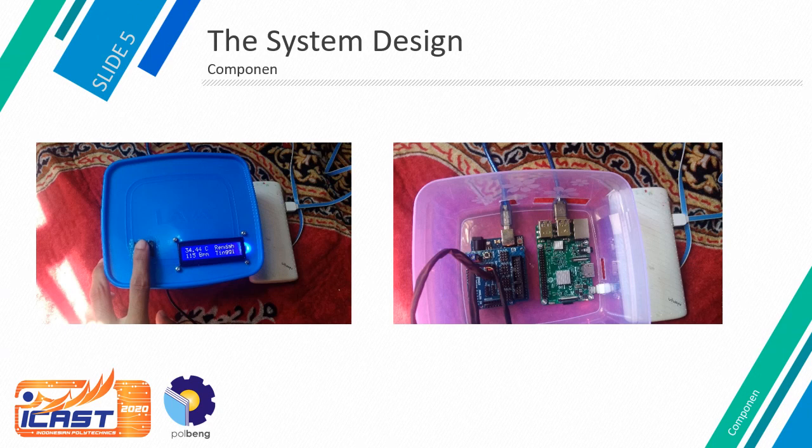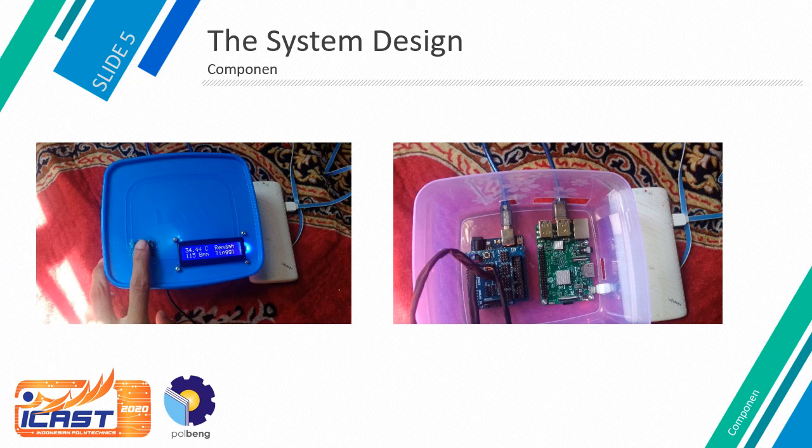The system design component. This is the prototype of heart rate and body temperature monitoring. All the components are connected to each other. Here we are using the power bank as the power source.